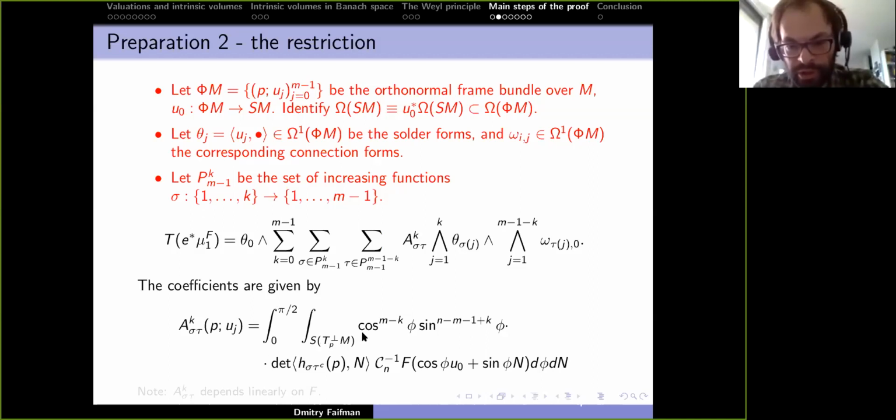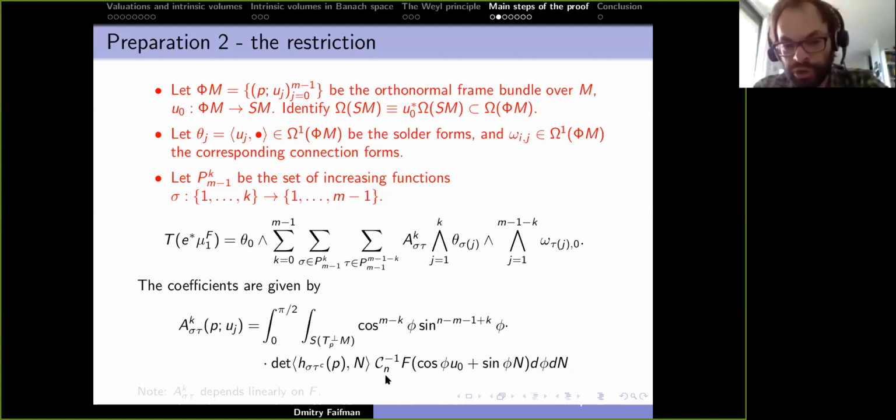Well, phi is the angle, n is the point in this sphere, and this is some minor in the second fundamental form over some multi-indices. So you get a matrix like this, and then you take its determinant.